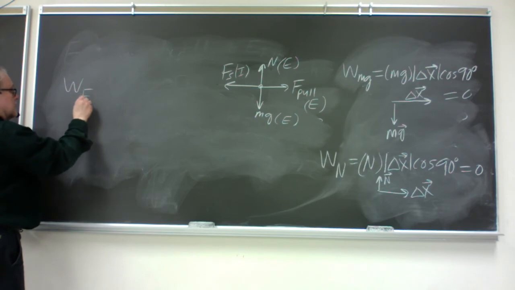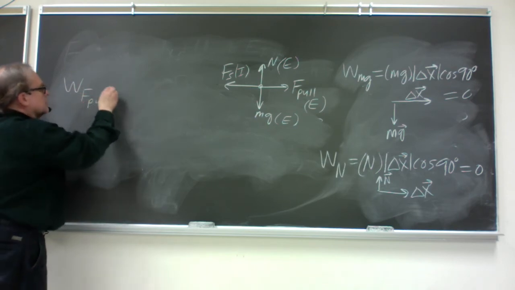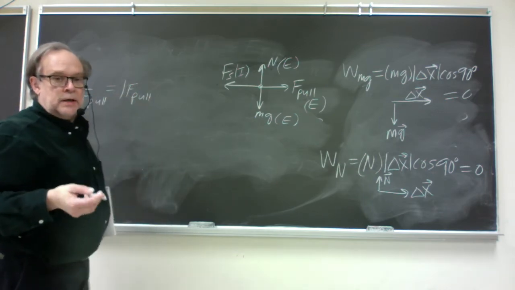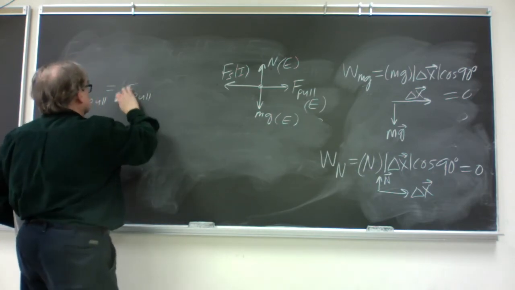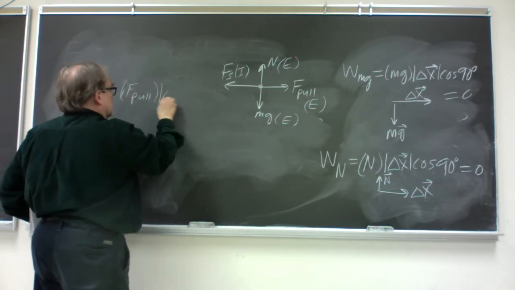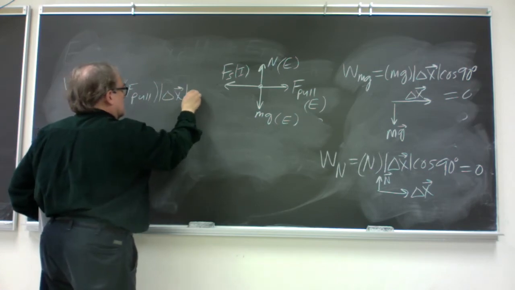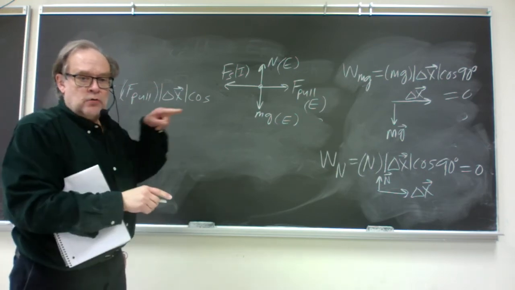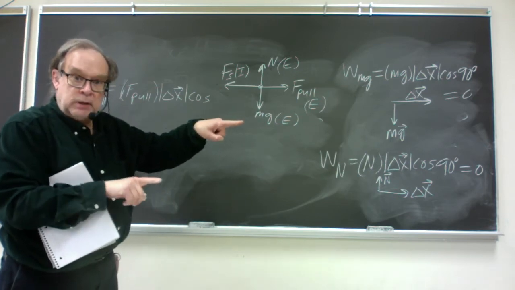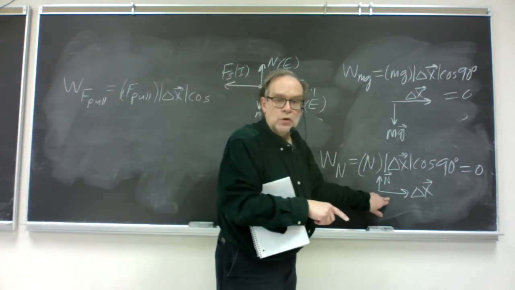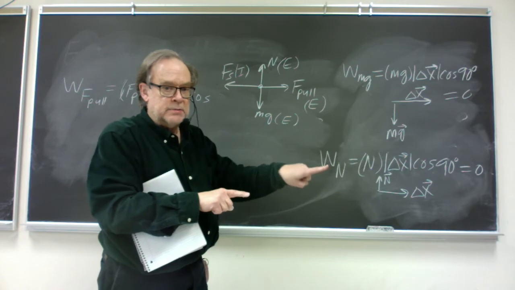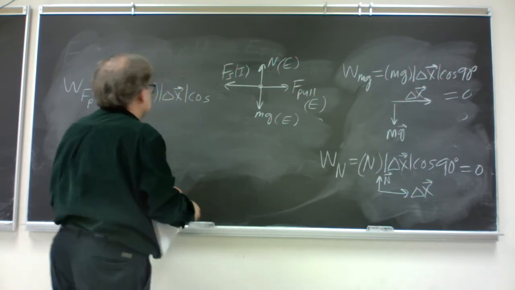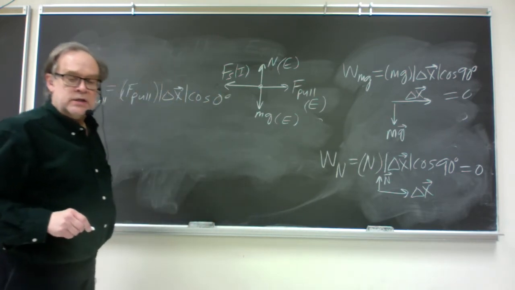Work done by my pulling force is just the magnitude or the absolute value of that pulling force, the absolute value of the displacement times cosine of the angle between force and displacement. Force points horizontally straight to the right, but the displacement was also horizontal, straight to the right. So the angle between displacement and force is no angle at all, 0. So we've got cosine of 0 degrees.